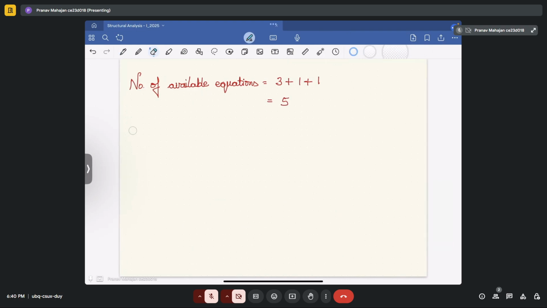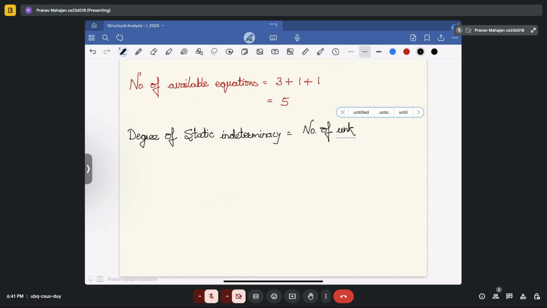Now if I talk about degree of static indeterminacy of the structure, so your degree of static indeterminacy, as I already told you, it is equal to number of unknown reactions minus number of available equations, and if I try to make it, what it will become? 3 are the number of available reactions. If I talk about number of available equations, it is 5.